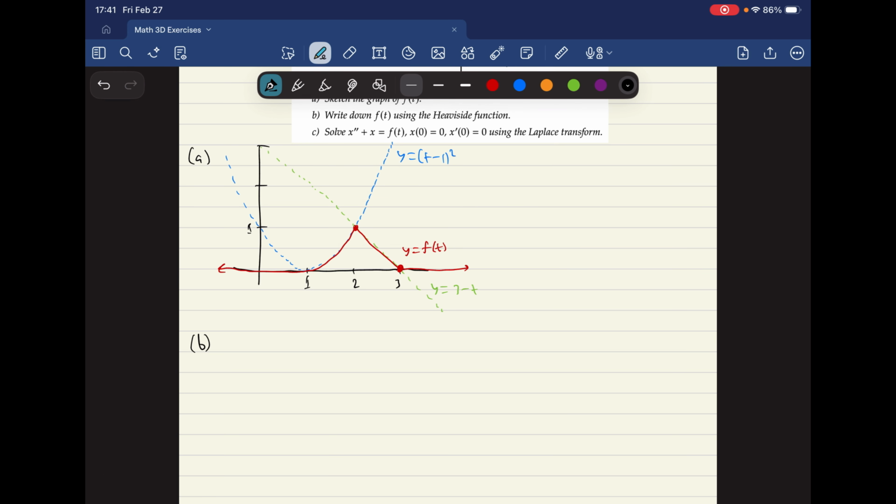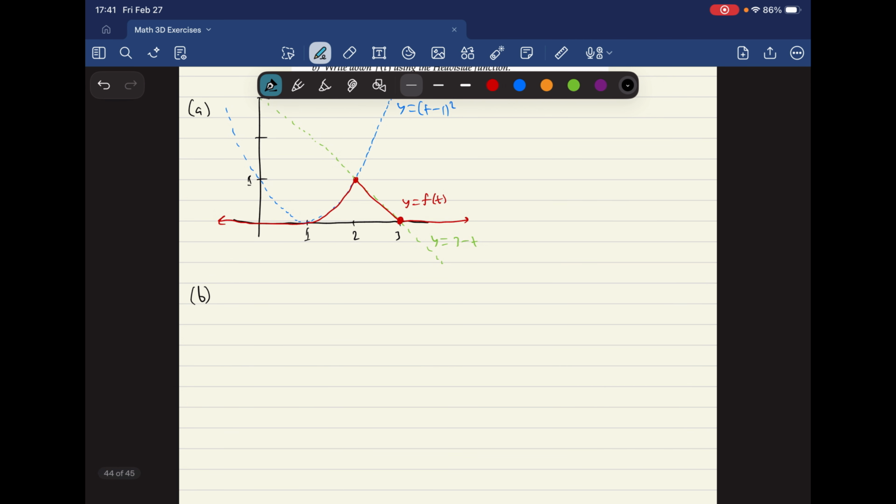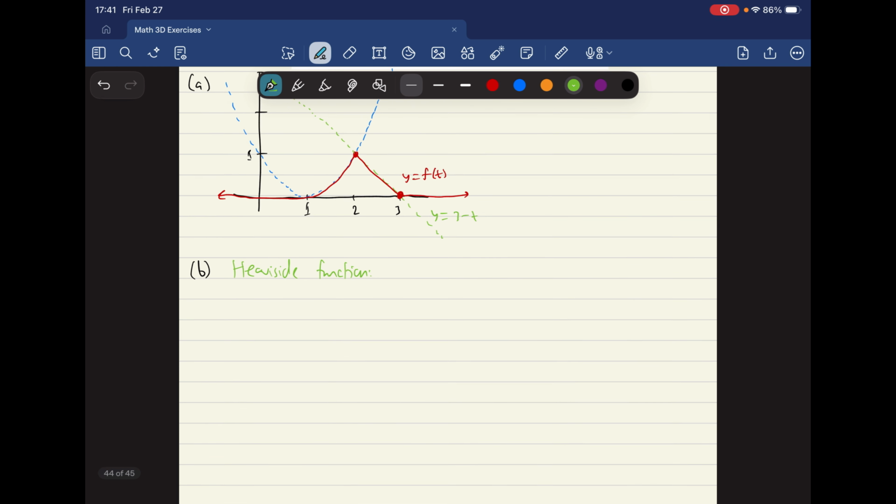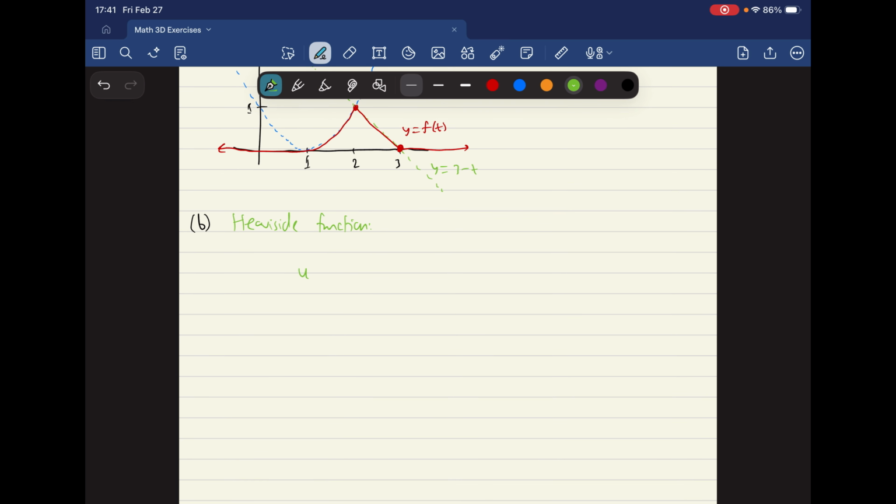Now we need to write down f of t using the Heaviside function. And as a reminder, this Heaviside function here is given as follows. It's denoted in our notes by u, and this function is 1 if t is bigger than or equal to 0.